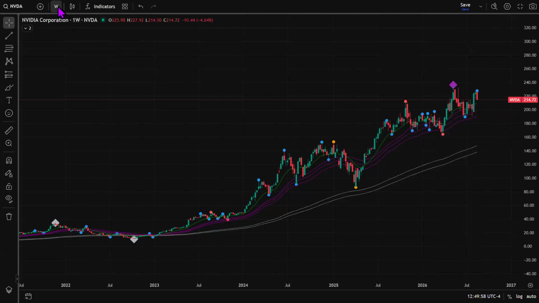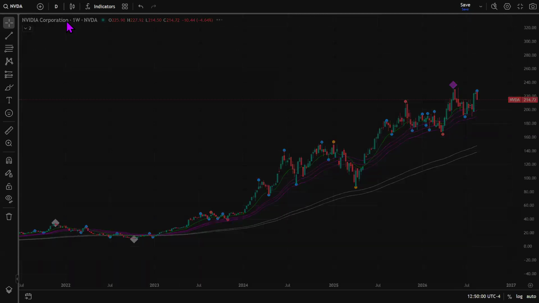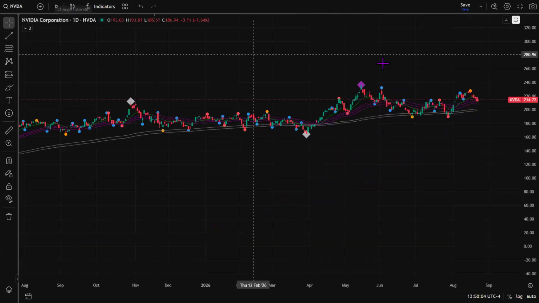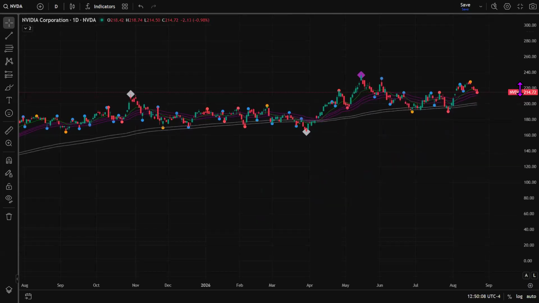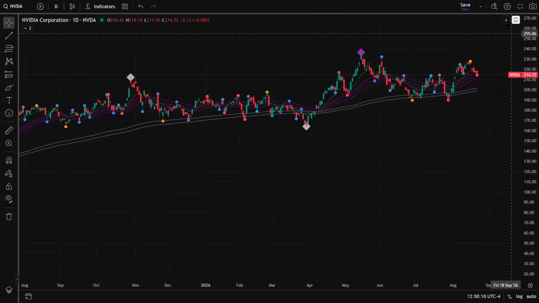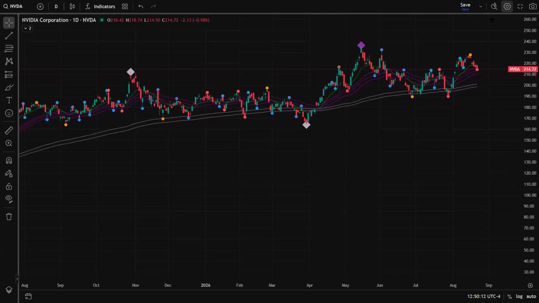And if we go to the daily, yeah. By the way, this was on the daily chart on March 30th, this was our breakout 4 trade on NVIDIA.